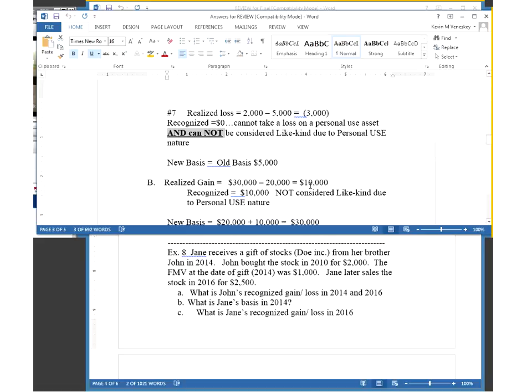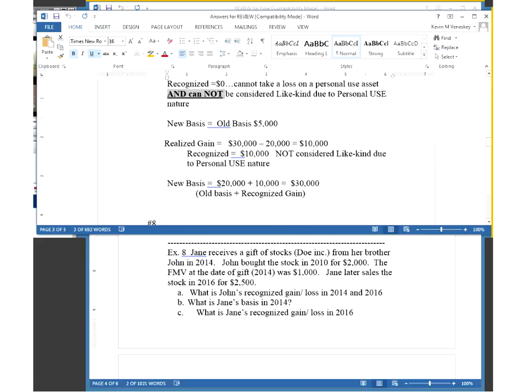Again, it's not like kind, because it didn't go business to business. For the new basis, remember the key: always start with your old basis, plus any gain, minus any loss recognized, plus any cash paid, minus any cash received.